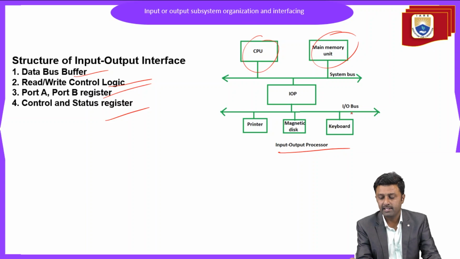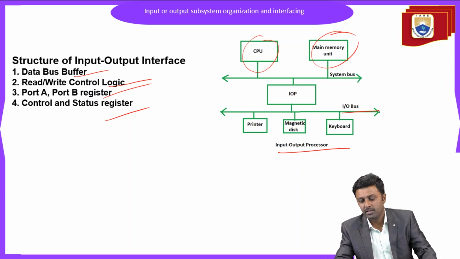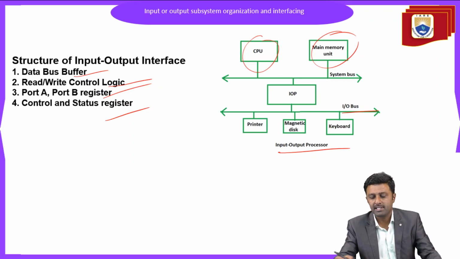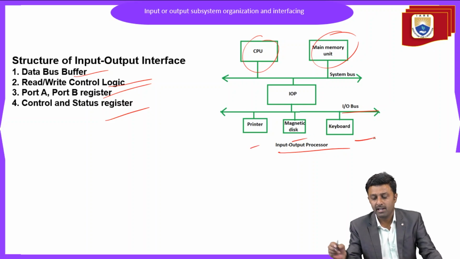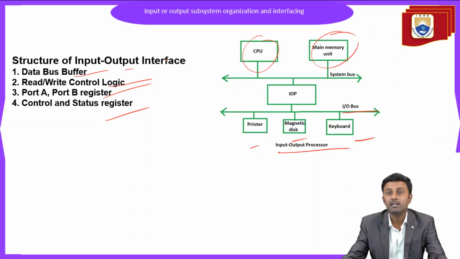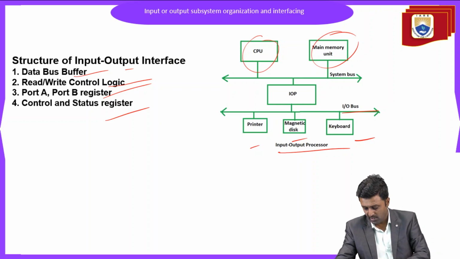The input-output bus is responsible for the exchange of information between the input-output devices and the CPU. We will discuss all these components of the input-output interface one by one.